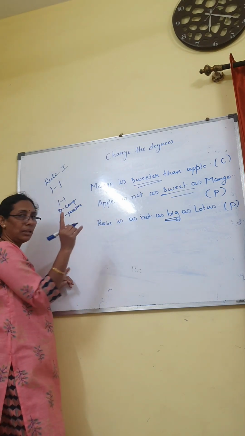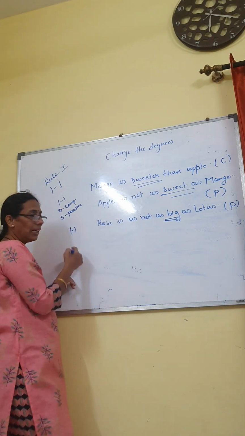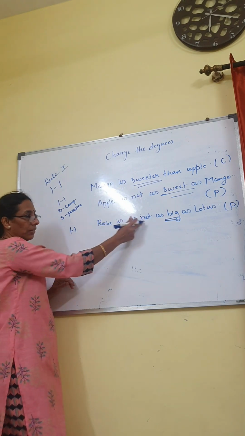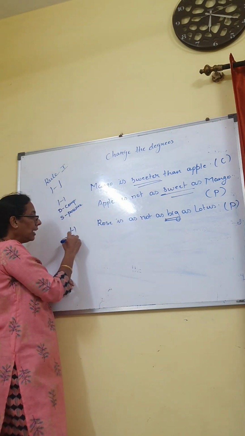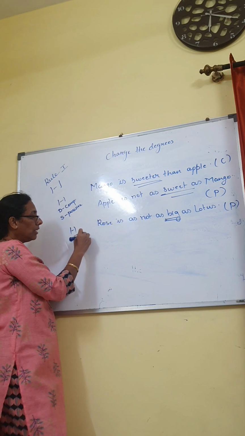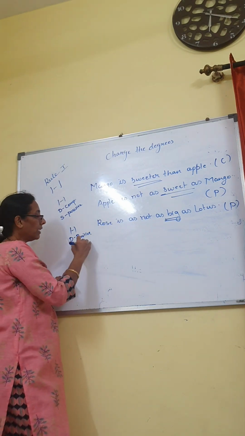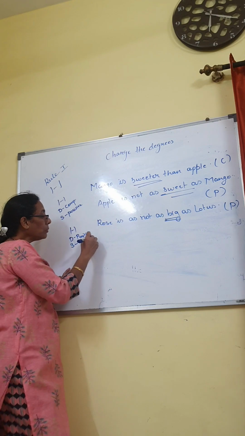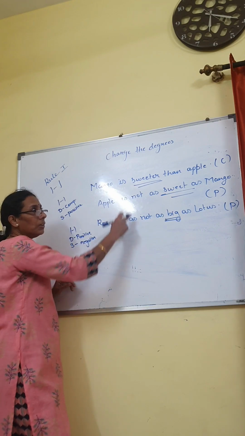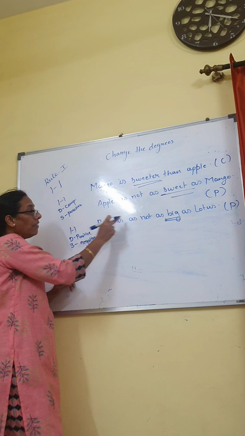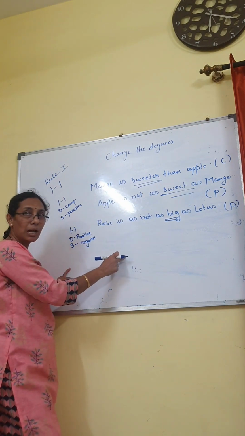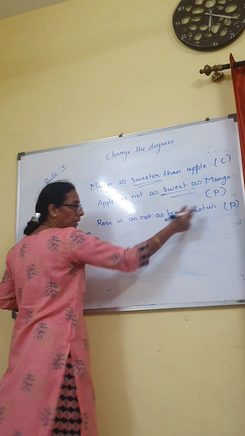So 1:1, so rule number 1. Now second thing, the sentence is negative. The degree is positive and the sentence is negative. So when the degree is positive, it will change into comparative, and when the sentence is negative, it will become positive. Correct.